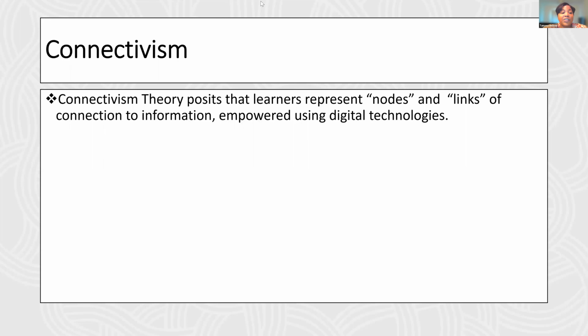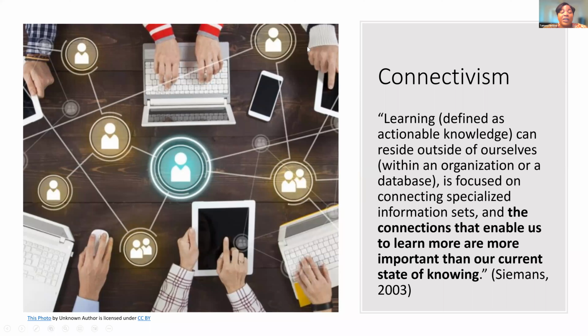So what connects all of this together is Connectivism, which is a relatively new theory, but it posits that learners represent nodes and links of connection to information. However, it is empowered by using digital technologies. So in this setting, Connectivism, learning is defined as actionable knowledge, which can reside outside of ourselves within an organization or database.